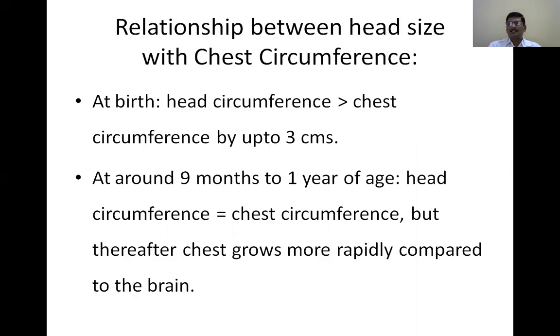There is an interrelation between the head size and the chest circumference. At birth, the head circumference is more than the chest circumference, by up to 3 centimeters. This is because the head grows very fast during fetal life, while thoracic growth is less during fetal life and catches up later.